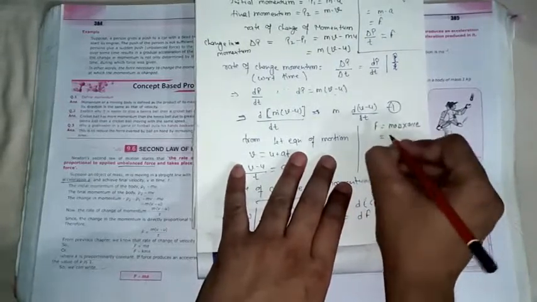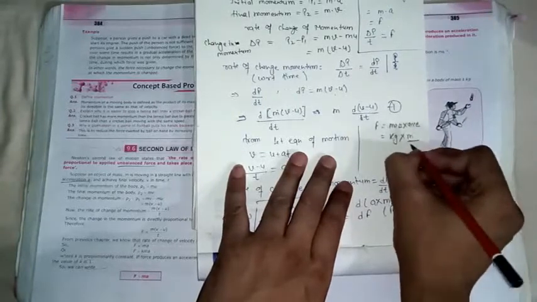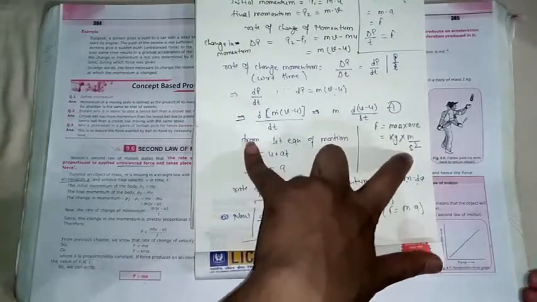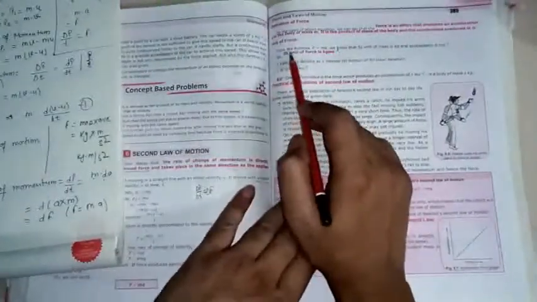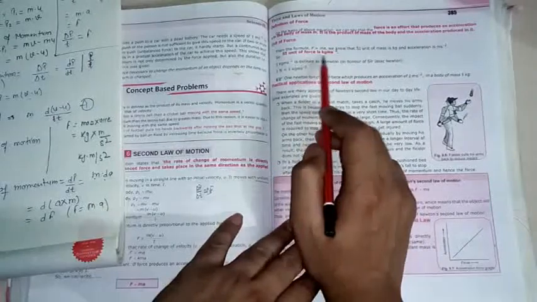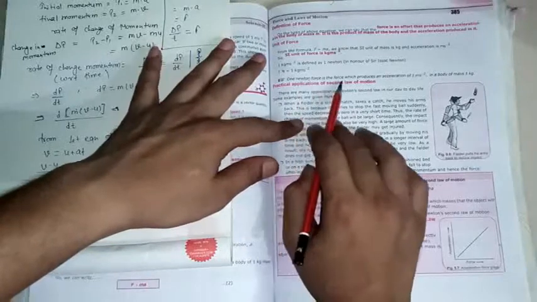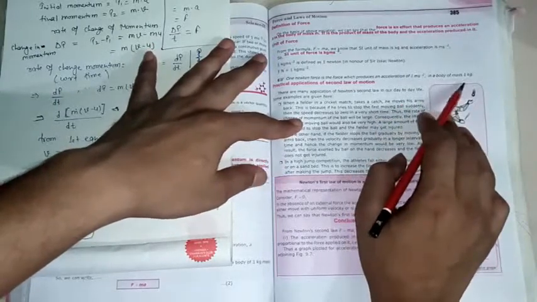The unit of mass is kg, and the unit of acceleration is meter per second square. So the SI unit of force is kilogram meter per second square, which is written as Newton. 1 Newton is the force which produces an acceleration of 1 meter per second square in a body of mass 1 kg.